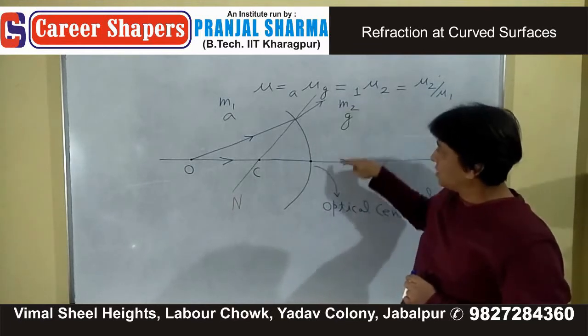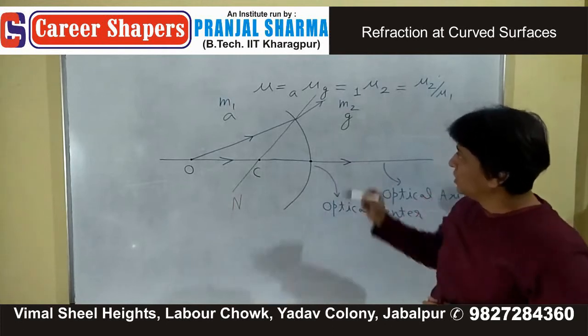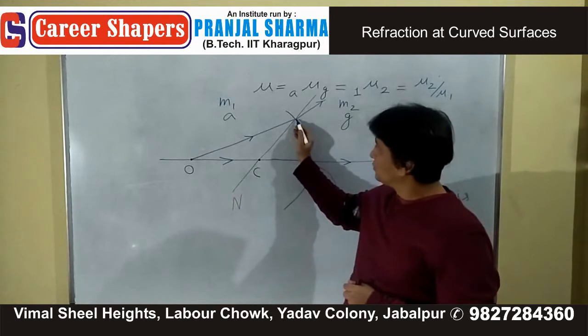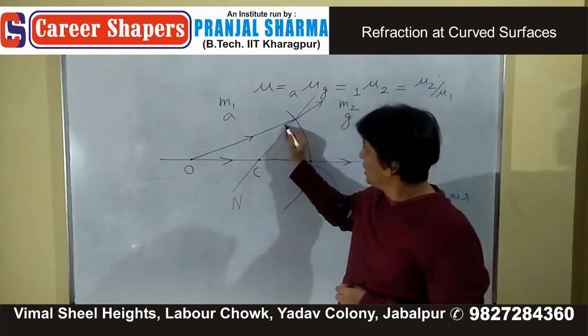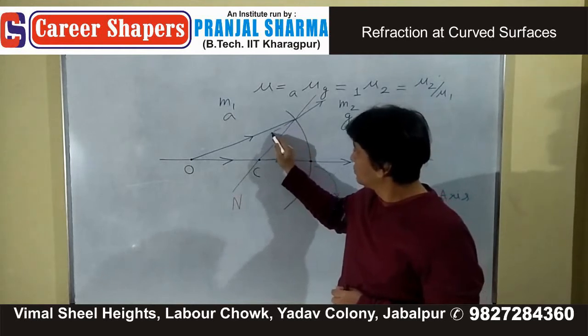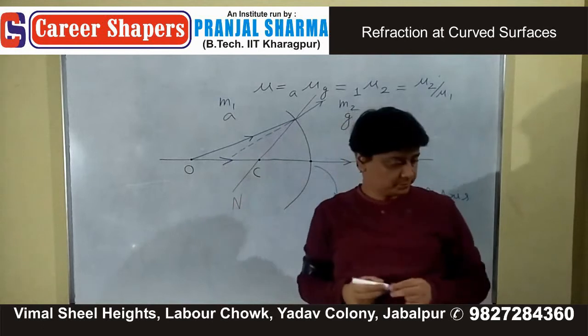Intersection of refracted rays will give us the position of the image. If you produce this ray backwards, it should be produced like this.